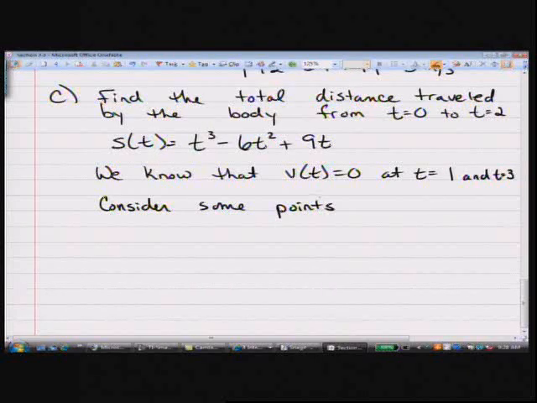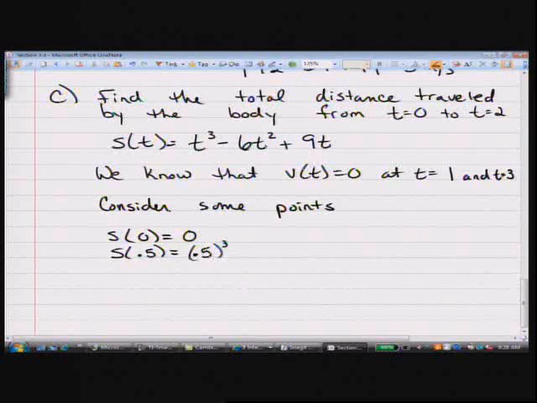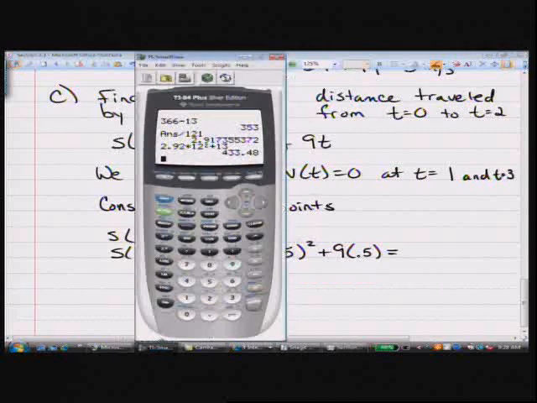All right. So let's think about S of 0. Well, we start at 0, right? What is S at 0.5? Well, that's going to be 0.5 cubed minus 6 times 0.5 squared plus 9 times 0.5. I did this before, I got 3.15. Let's make sure that's correct.